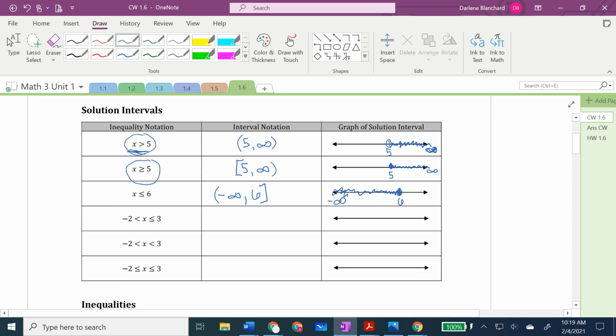Then to point out these three, we have intervals between -2 and 3, and various issues of whether the endpoint is included or not, just to make sure that you are clear. When you are graphing the interval on a number line, open circle if you don't have an equal to, closed circle if you do have an equal to.